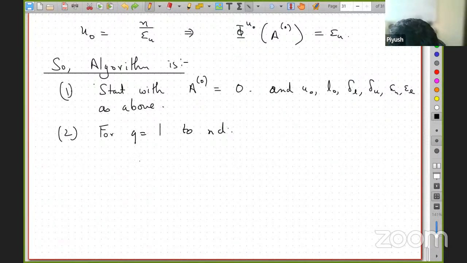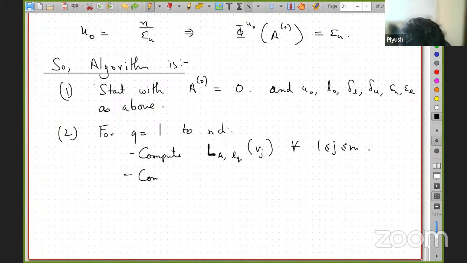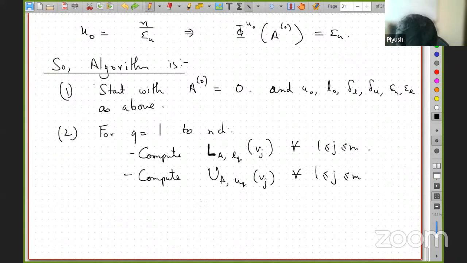What do you do? Compute the L of this A and L_q, V_j. Compute the above.